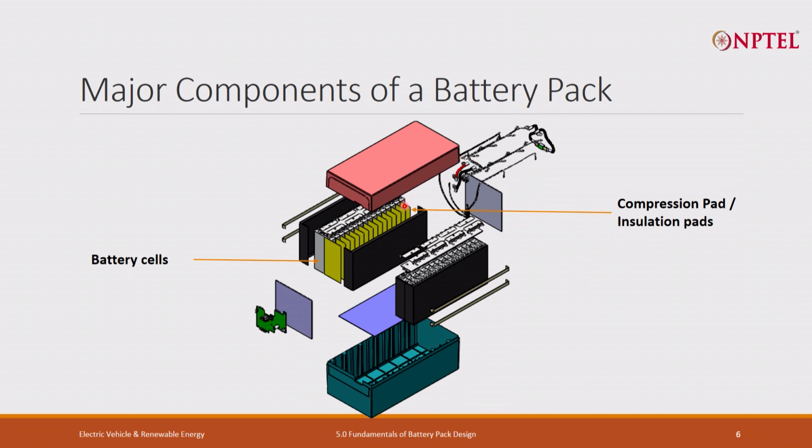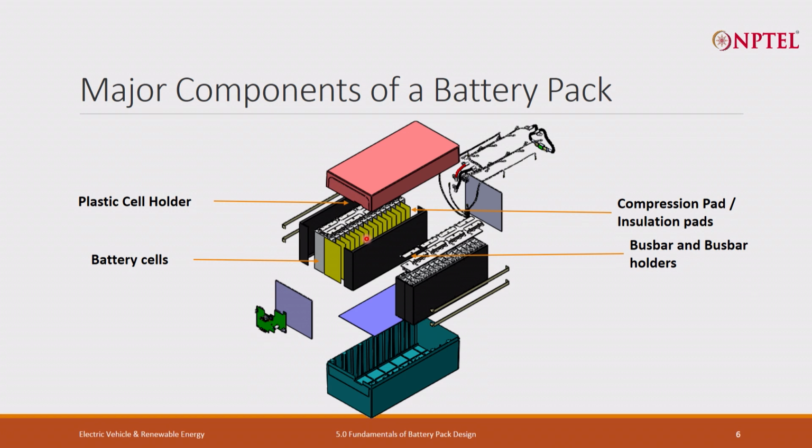If you see in between the cells, from here to here. Then we have a plastic cell holder that isolates one cell from other cells or one module from other modules, so that there is no current leakage.